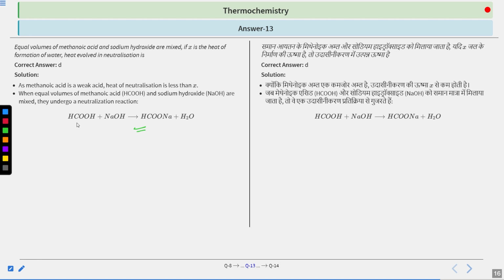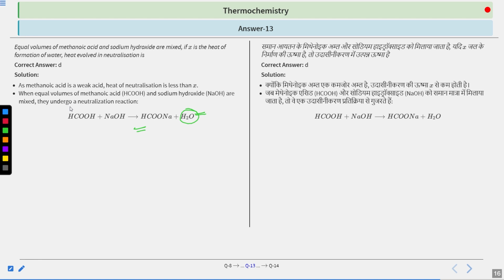If you break this equation, you will find that it is nothing but the complete neutralization, or the formation of H2O from the elements in their elemental form. So this is the final equation. So the heat of formation of water becomes equal to the neutralization reaction.